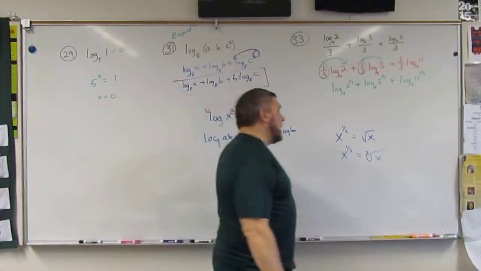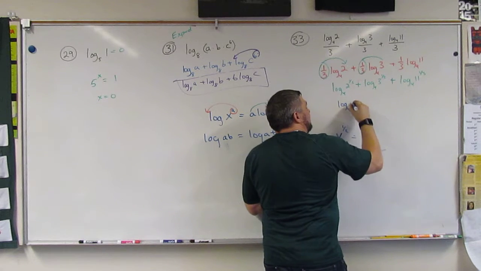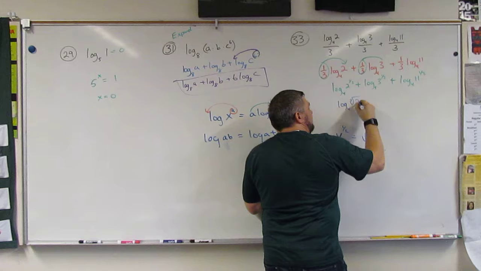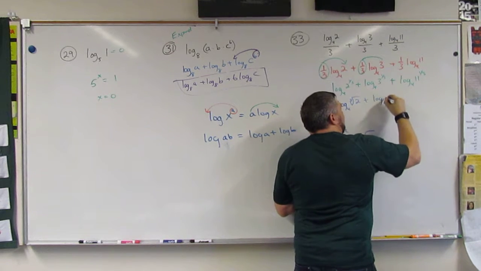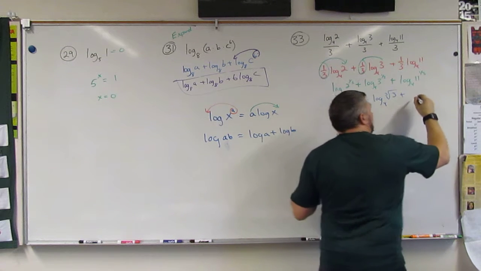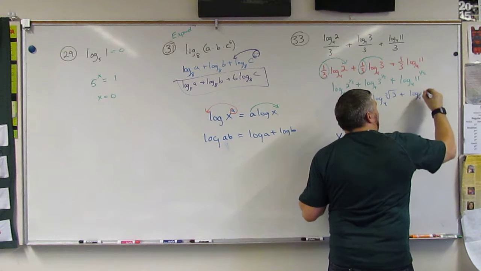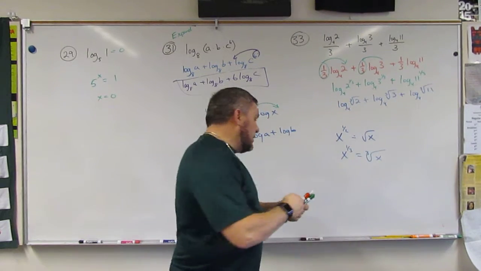So this is log base 4 of the cube root of 2 plus log base 4 of the cube root of 3 plus log base 4 of the cube root of 11.